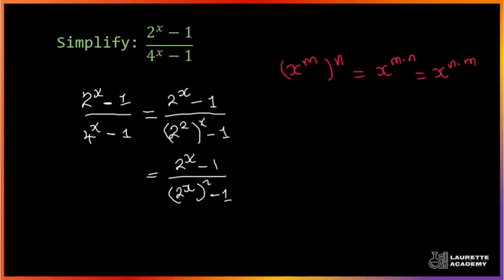Now, looking at the denominator of this expression, we can recognize it as a difference of 2 squares, and we know that a difference of 2 squares, a squared minus b squared, is the same as a minus b times a plus b.